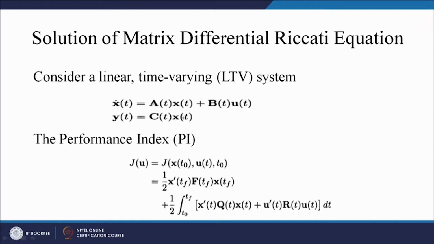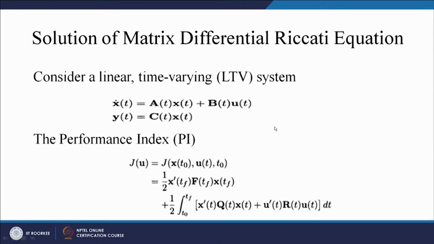If you recall, we have considered a system x dot equal to Ax plus Bu, y equal to Cx, and performance index as half of x prime(Tf) F(Tf) x(Tf) plus integral of x prime Qx plus u prime Ru. So, this means first we will consider the case of a time varying system.